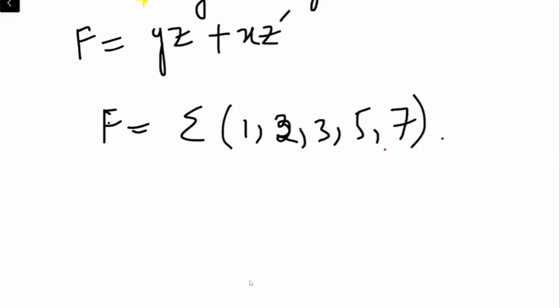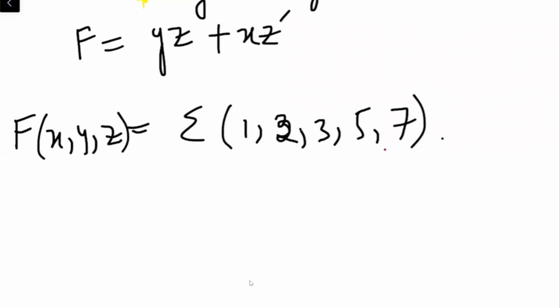The function has the variables x, y, and z. So the function of x, y, z is equal to summation 1 2 3 5 and 7.